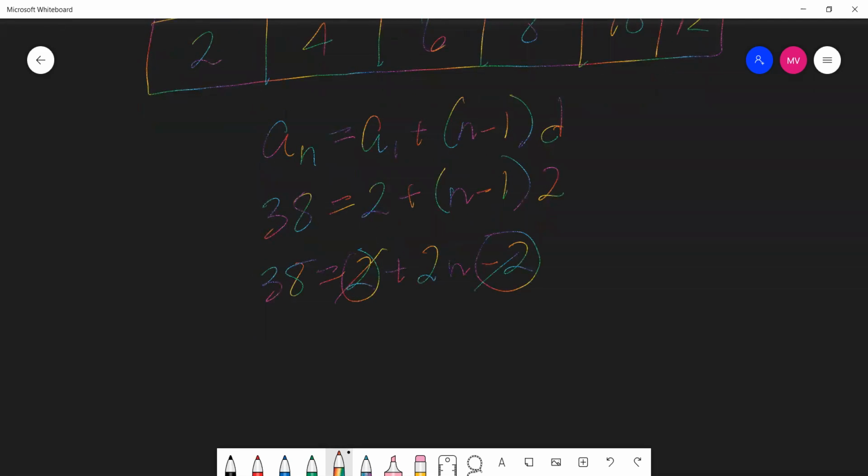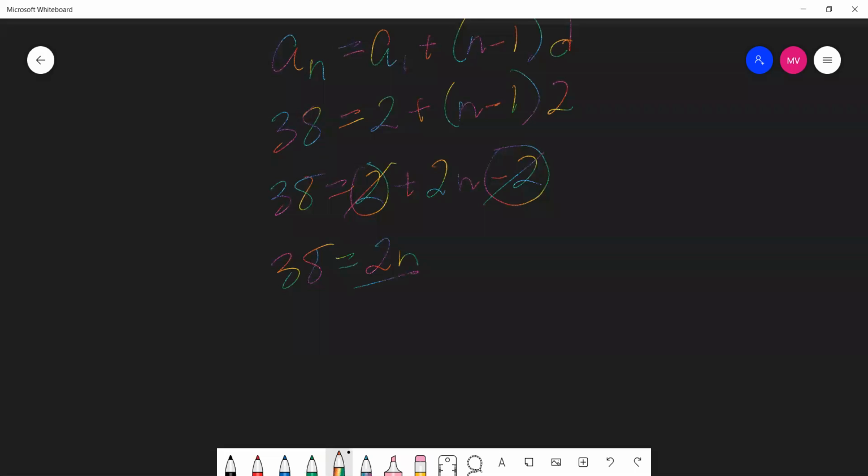So we end up with 38 equals 2n. Then you just solve for n, and you find that it equals 19. So that means that at position 19, the house number is 38. So that means there are 19 houses.